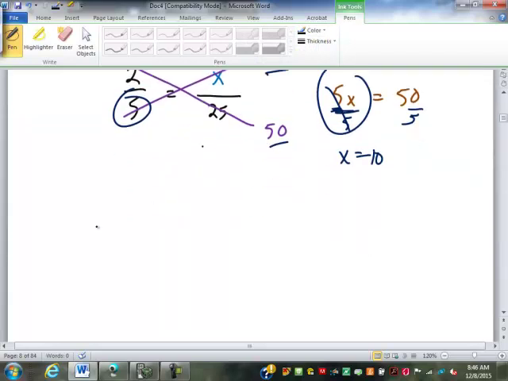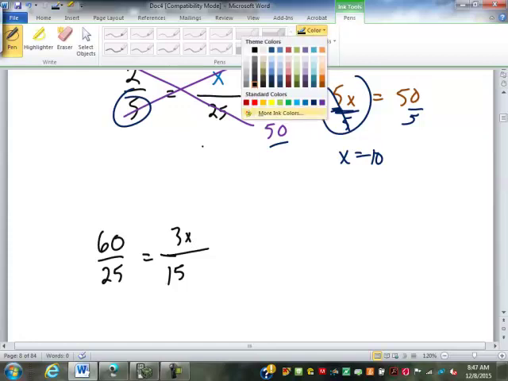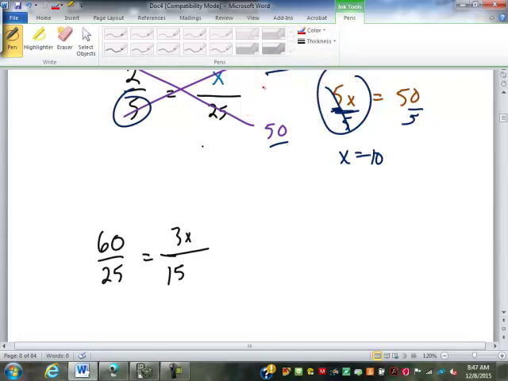For example, let's say that I have a 60 to 25 ratio, and I want to know if it's 3x to 15, what x has to be. To solve this, I could not cross multiply and divide because it's not this number all by itself that I'm looking for. There's something more there.